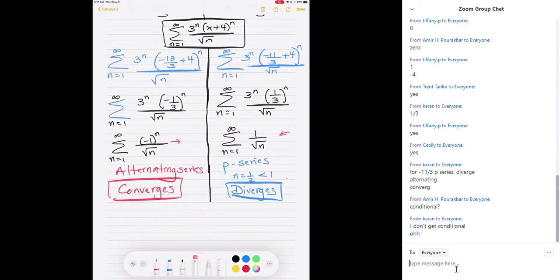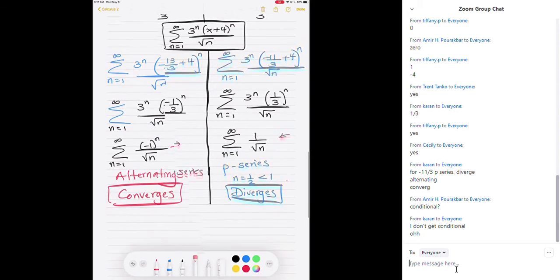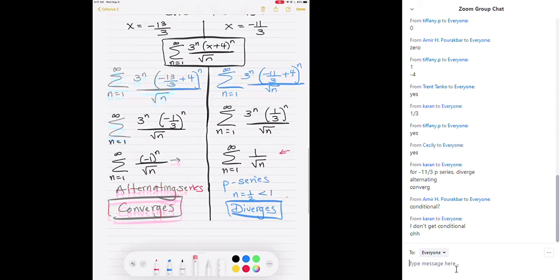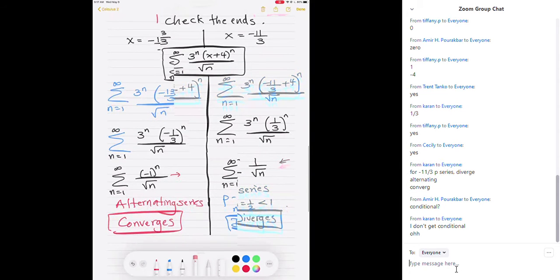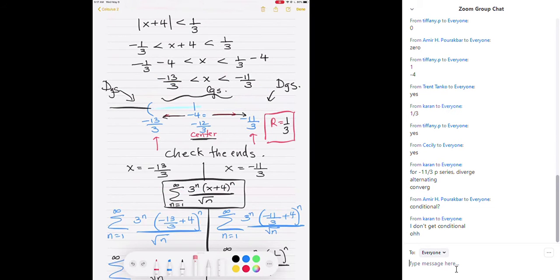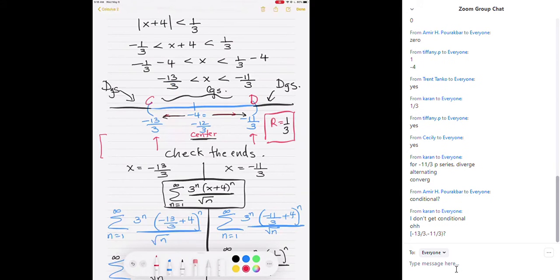So we're going to go back with this verdict. Go back where I draw that diagram. And what do we have here? Here we had diverges. Here we had converges. So I'm going to say the interval of convergence is going to be what?